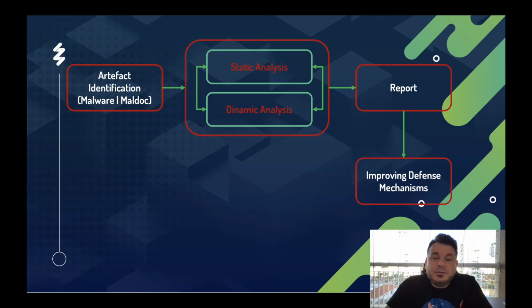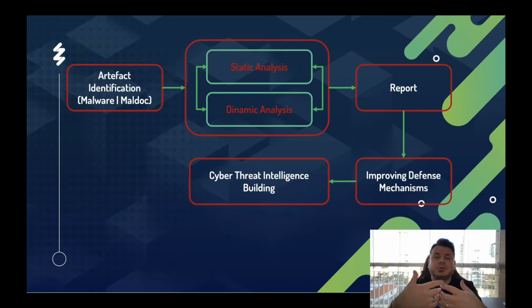If you have a big company, or maybe a small company, it's not a problem. You can try to build this awesome idea, cyber threat intelligence, because you can use many different tools to automate this process to generate intelligence against threats. That is the point here.